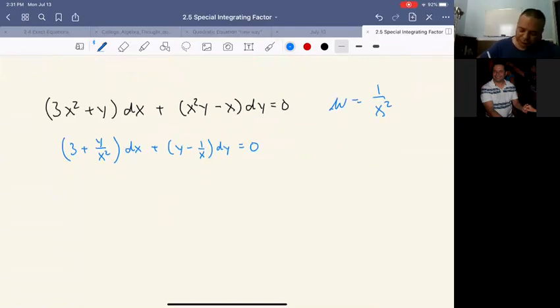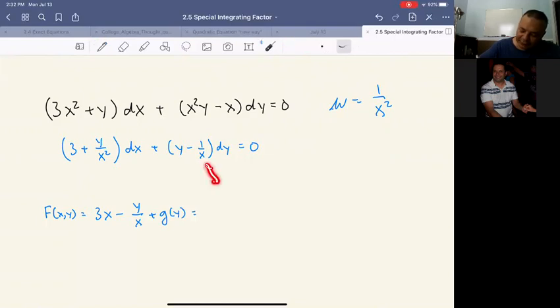So our f of x,y equals, taking this integral and integrating with respect to x, 3x minus y over x plus some function of y.